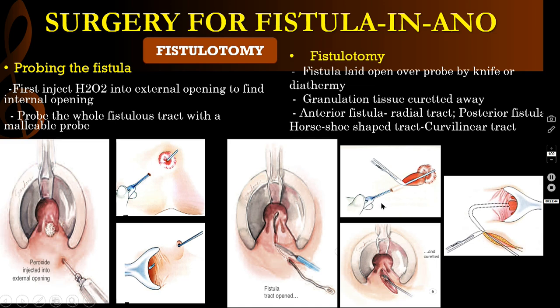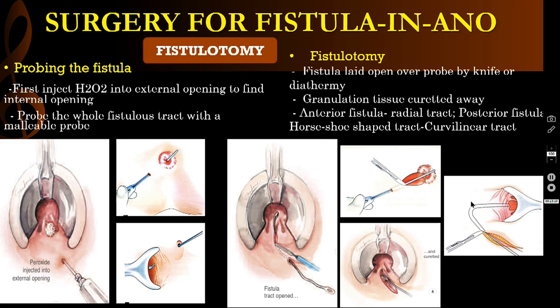Here you are seeing a side tract where we are just cutting it. Here you see a curvilinear course because it is a malleable probe. You have to incise just over this probe.